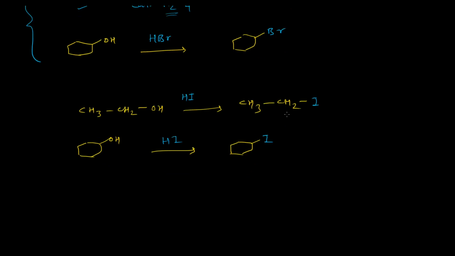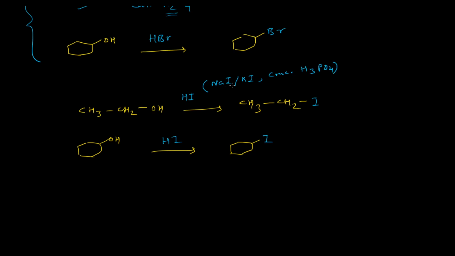Alkyl iodide formation can also be achieved by treatment with either sodium iodide or potassium iodide in the presence of concentrated phosphoric acid.